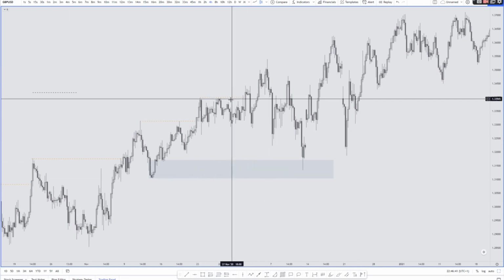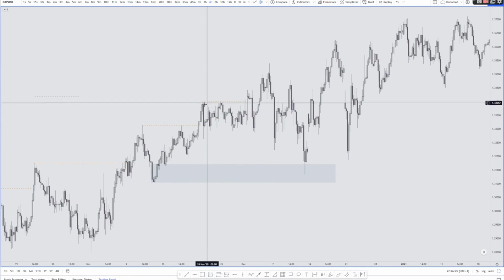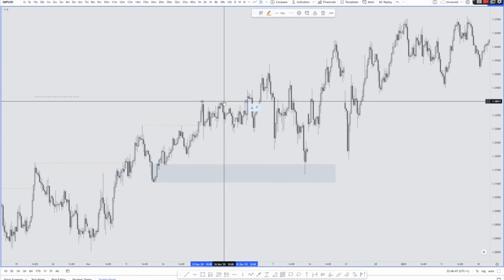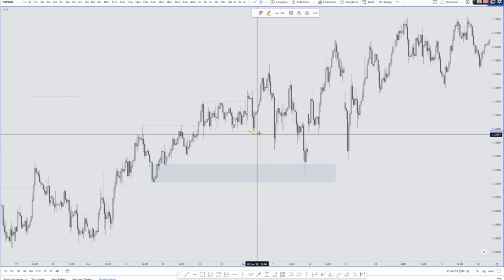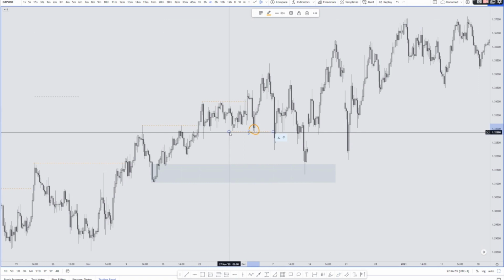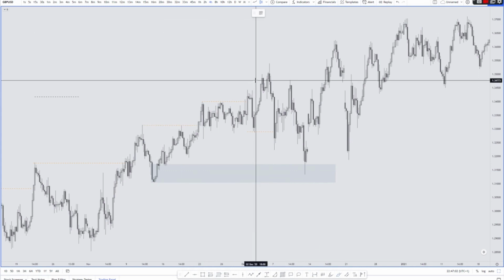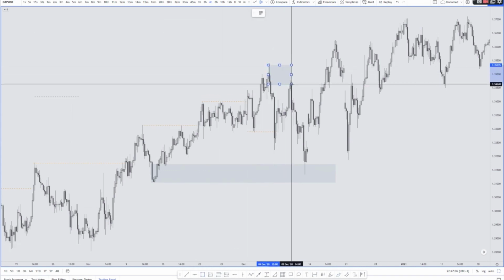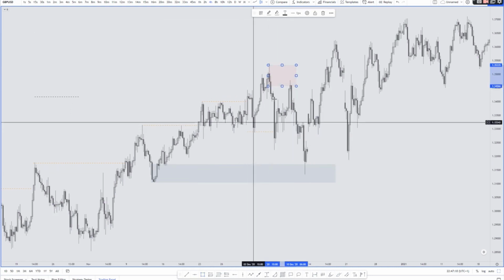So at this point here, the low fails. At this point, this low is actually still strong. And once this low fails, what actually happens is we have a shift, and now this high actually becomes strong because it took out a low.